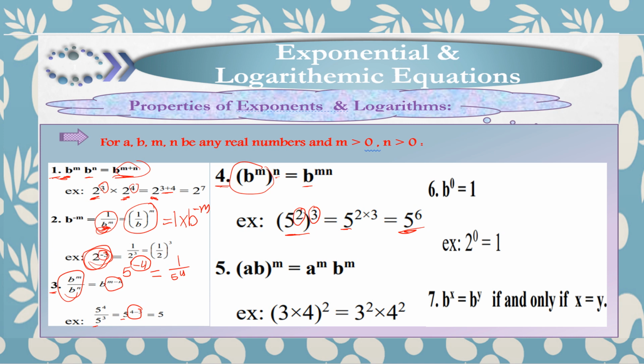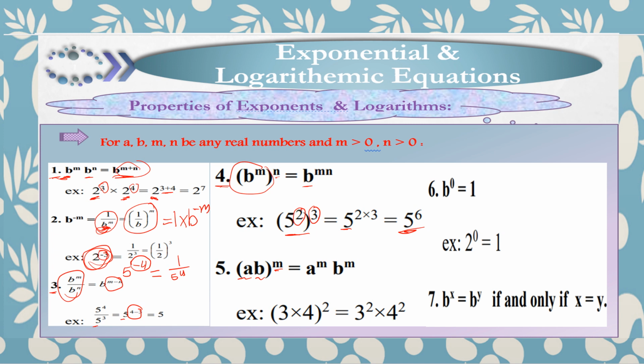Property number 5, a times b, all power m. We have different bases here, different numbers multiplied with each other, but all with the same exponent. This is different from the previous properties, where we had the same base with different exponents.